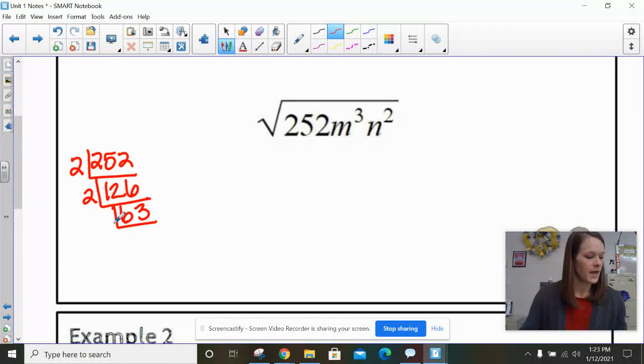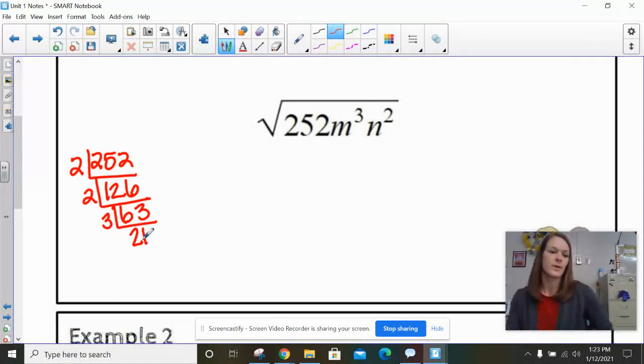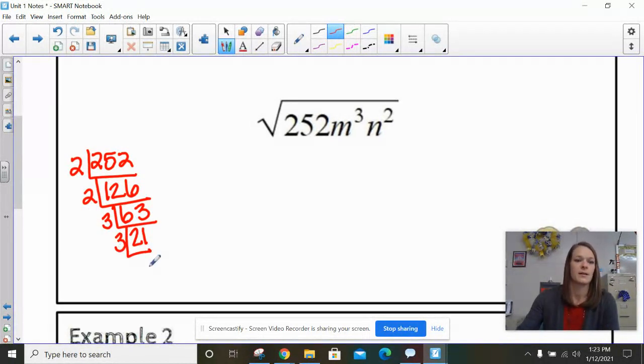Then I can divide that by 3 and get 21. Divide that by 3 and get 7. Divide that by 7 and get 1. So remember, you go all the way down until you get to 1.